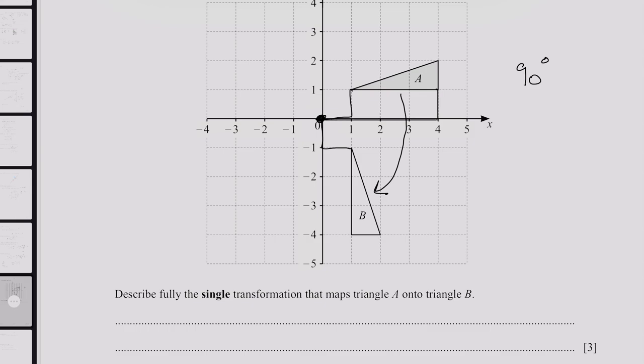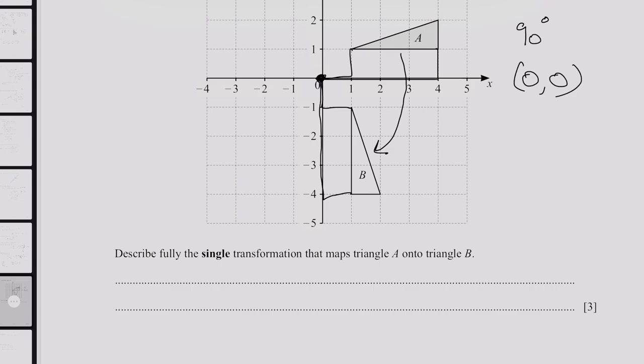If I rotate it, I have to go 4 down and 1 to the right. So this verifies that the center of rotation is 0, 0. So the single transformation is that this triangle has been rotated by 90 degrees about the point 0, 0.